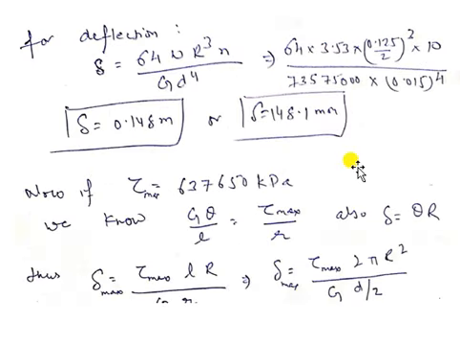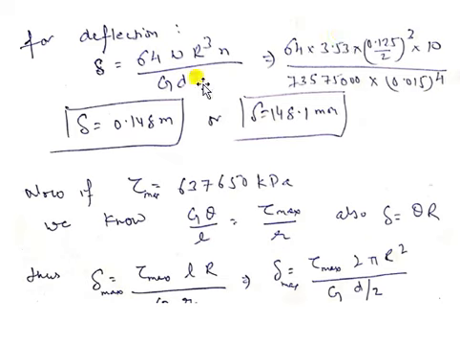Now the second part is to calculate the deflection, and in the same content we have derived the expression for deflection of the coil spring, which is delta equals 64 W R cube N by G d to the power 4. G is the modulus of rigidity for the given material. These values are also given in the question.